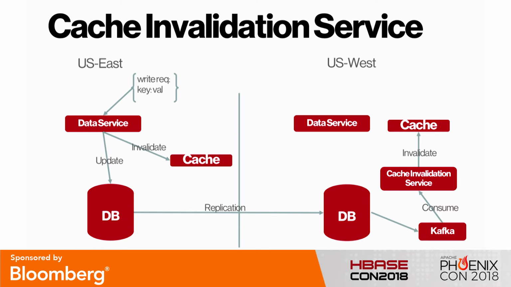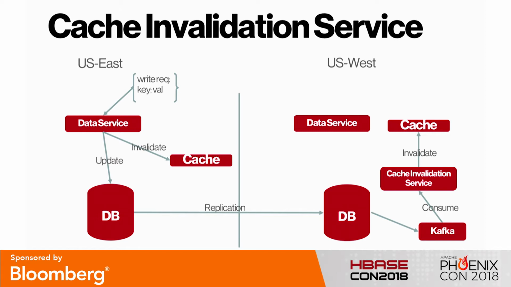You can think about the other case: if a write happened in another cell, and since we deal with the cache logic in the data service, if a write happened in US West, the West service has no context on this request, so it will not be able to clean the local cache. So we developed a cache invalidating service.